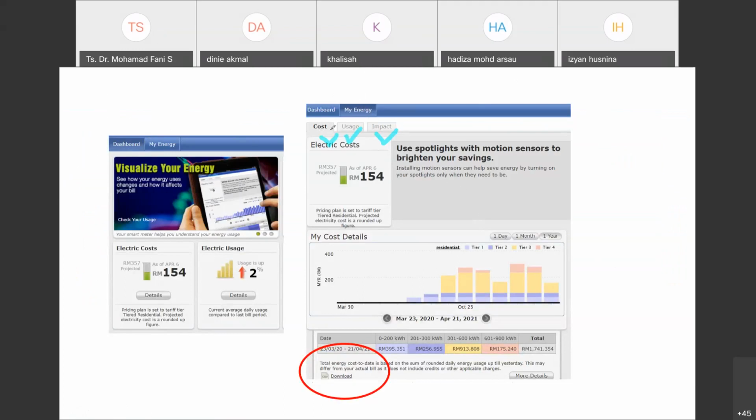When you click cost, you can get the cost and projected cost, the current cost. When you click usage, you can find usage. And when you click impact, that's the calculation for the CO2. This is the usage and the cost under the dashboard for the smart meter.